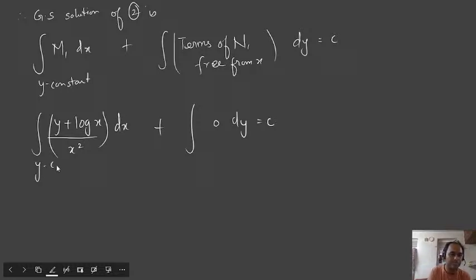Now it is up to us. If you want to take that way, that is also fine, or you treat terms free from y, that is another way you can get it done. I would suggest that better do terms free from y, and then you will get the answer faster.